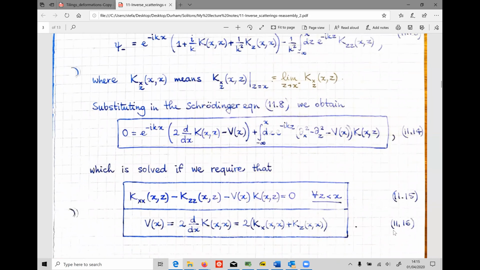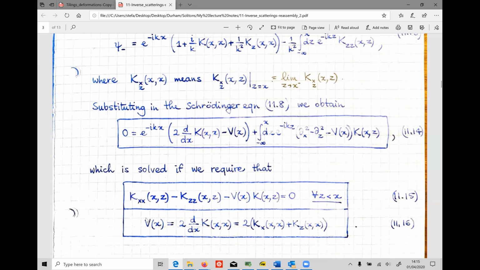So 11.15 is the equation that we obtained by requiring the integrand to vanish. It tells us that the second x derivative of K minus the second z derivative of K minus the potential V times K vanishes, where K is non-zero, which is when z is less than x.